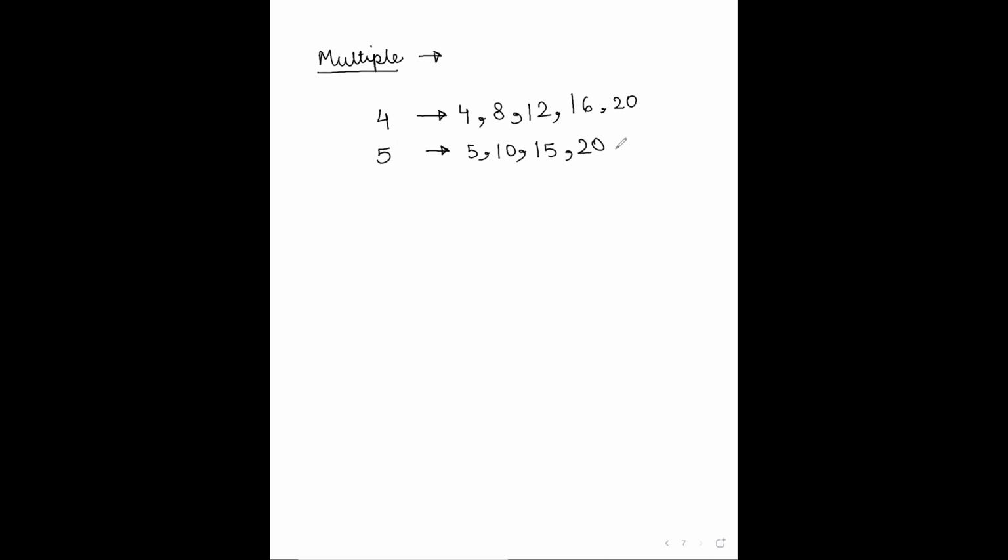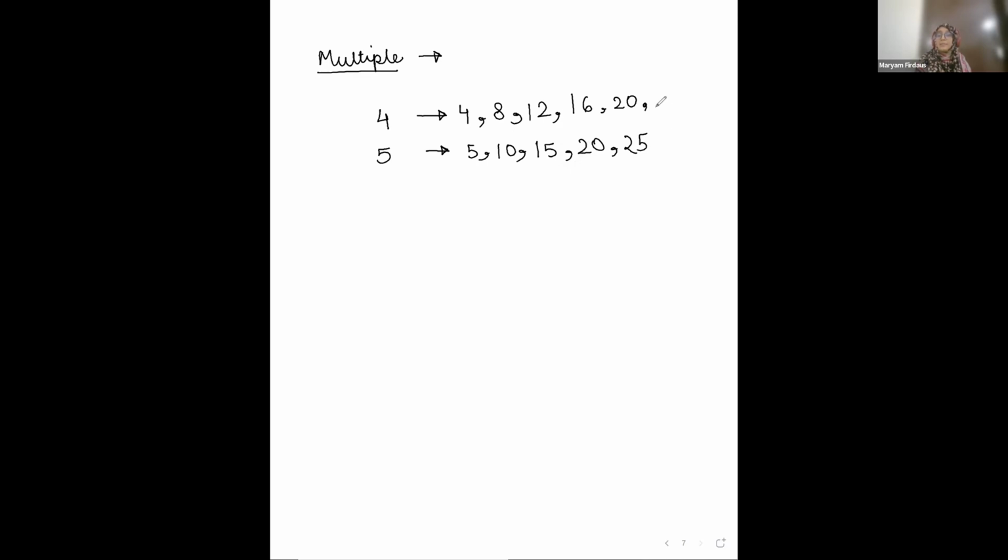Okay, but tell me one thing. Are these all multiples or are there more multiples? More multiples. How many multiples will each number have? More than 100. Yes, more than 100. In fact, more than 1000, more than any number.